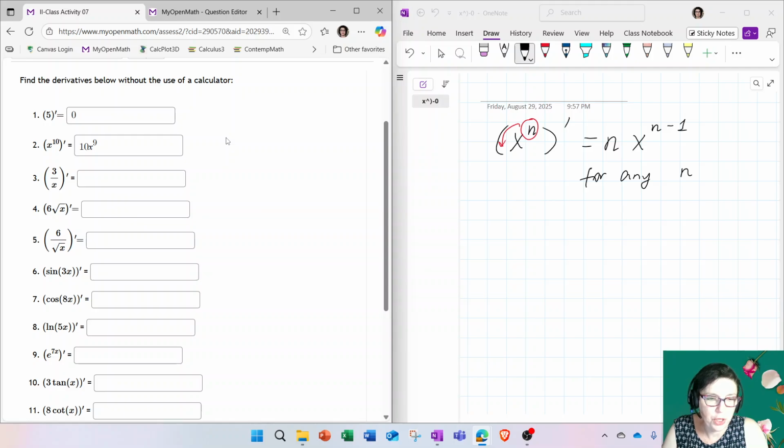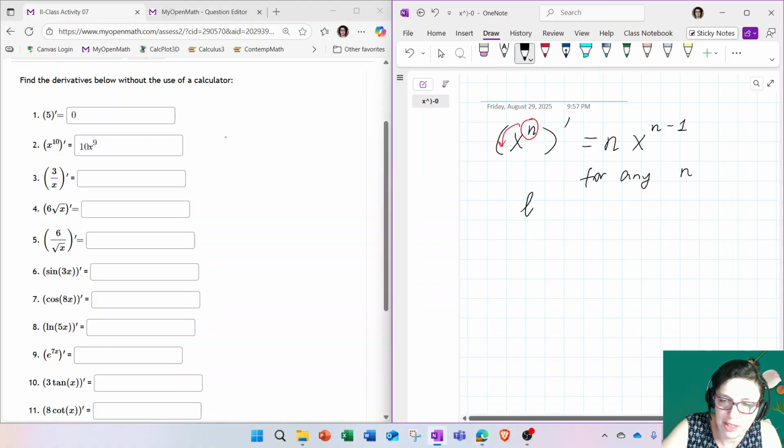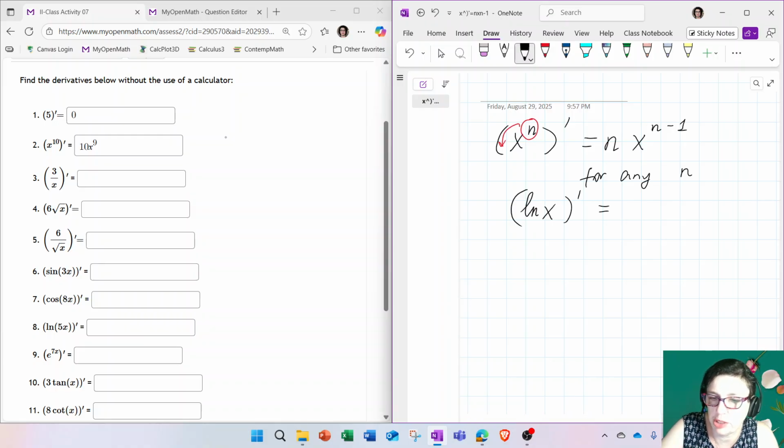Now the next example is the most common mistake that I see in my practice of watching what calculus people do, and that is because people remember that, oh yeah, there was an exception where I was supposed to know that the derivative of natural log of x, assuming that x is just a positive number, is 1 divided by x.